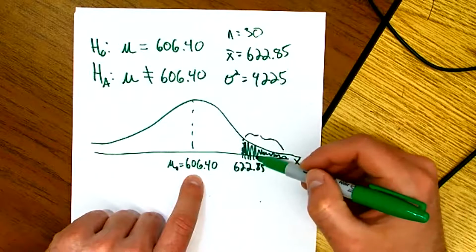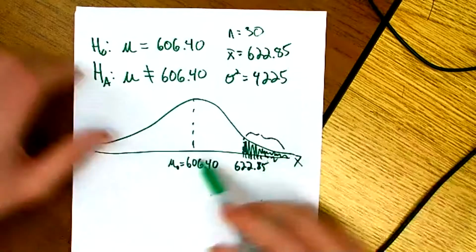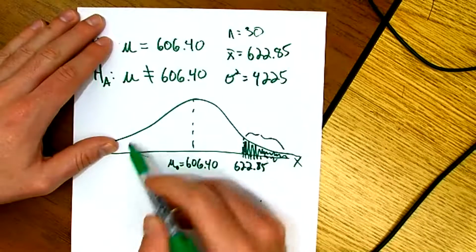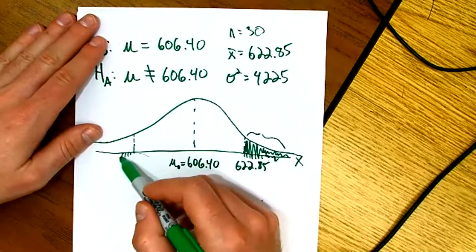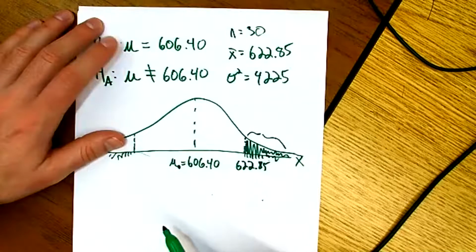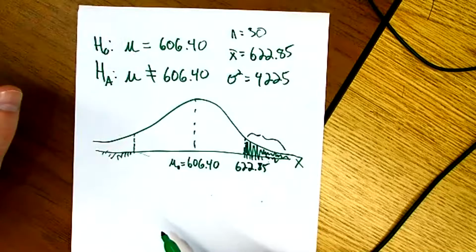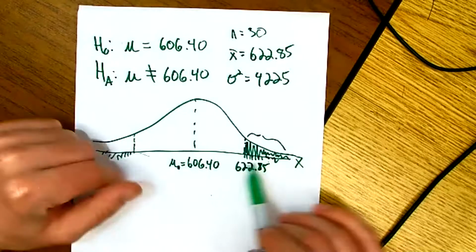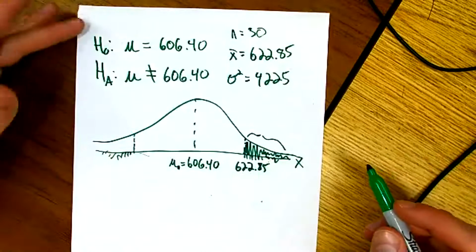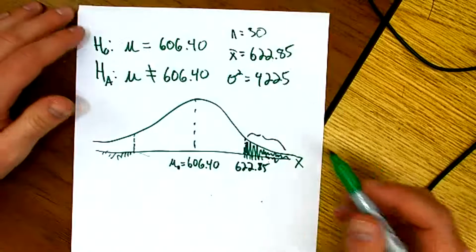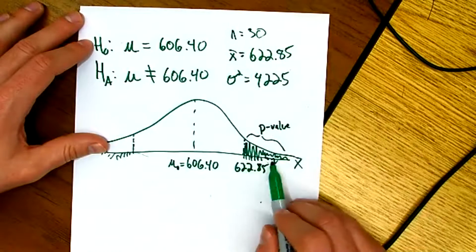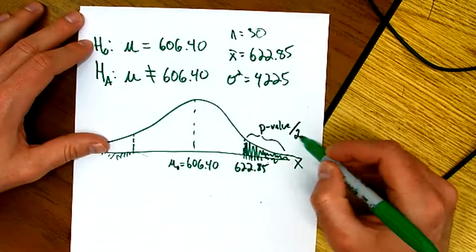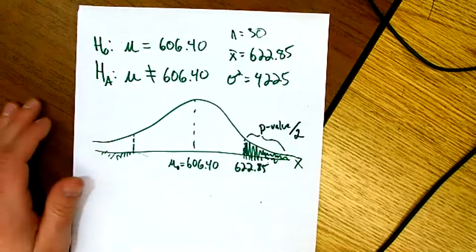Well, for every value in this range, there was a value that was equally as far away on the other side of the distribution, and those values now would also go against the null hypothesis. For a two-tailed test, either side, those values don't support the null. So if I find the area in this upper right tail, it's really only representing half my p-value. Okay?